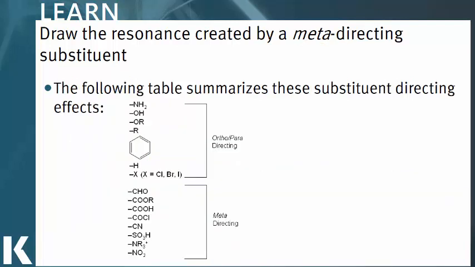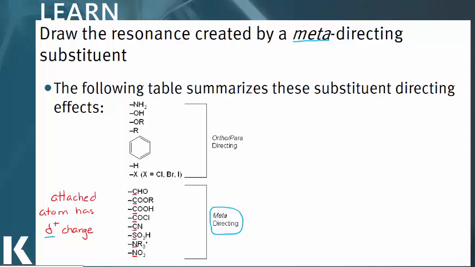One of the hallmarks of specifically meta-directing substituents, which we are showing here at the bottom of this little table, is that if we look at the atom that is directly attached to the ring, it will have some bit of a partial positive or full positive charge.